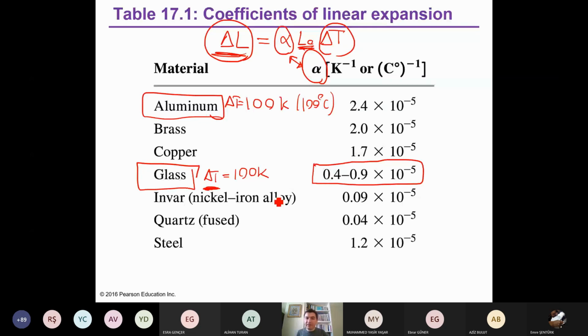So you provide the same delta T, you increase the temperature by the same amount, but the expansion is different because the linear expansion coefficient is different.